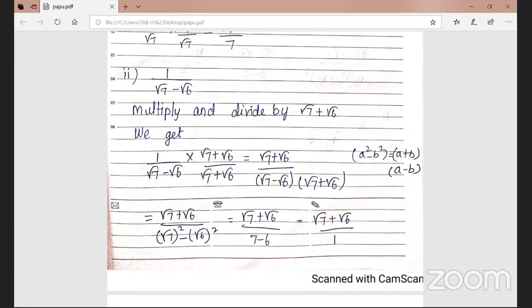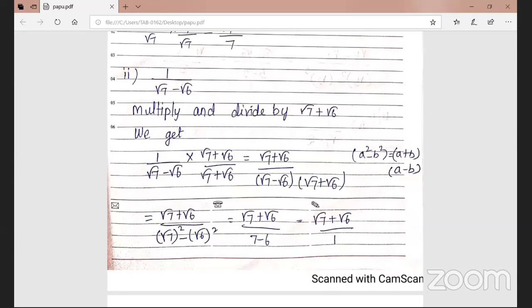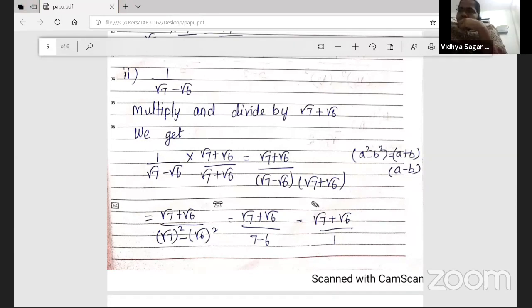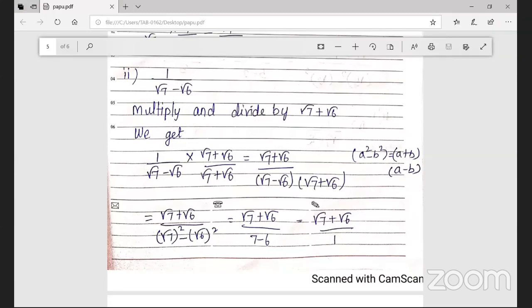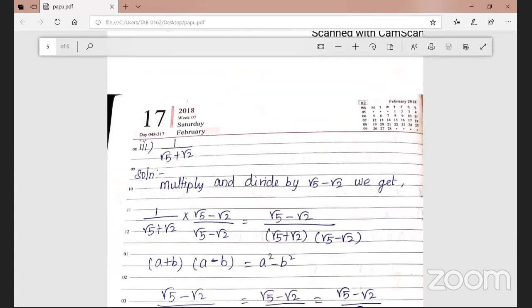Sadhana, are you there? I think she left, ma'am. Anybody having doubt in this sum? Yes, Sadhana, now are you clear? Ma'am, I think Nitya Sri is having a doubt, ma'am, about the third sum. Okay, Nitya Sri, I'm unmuting you now.